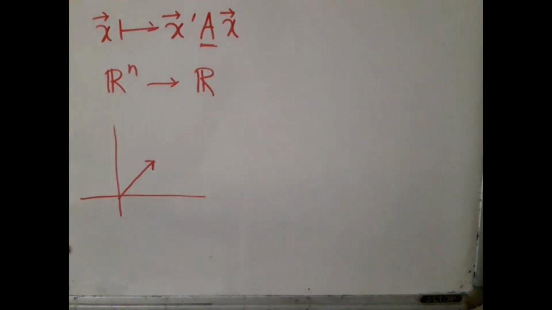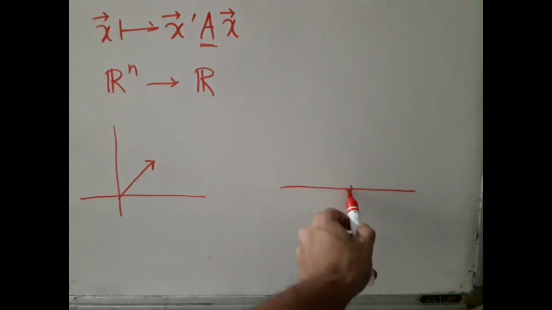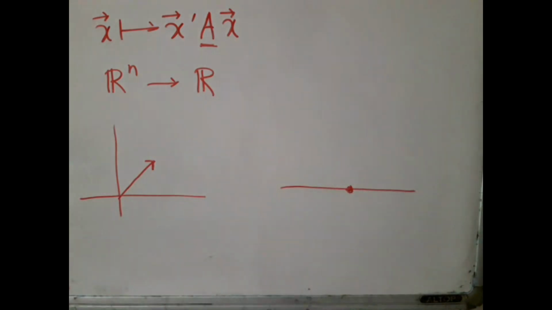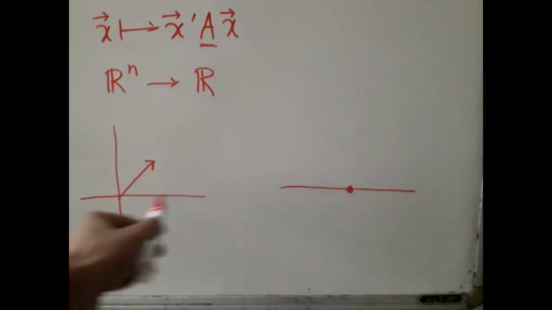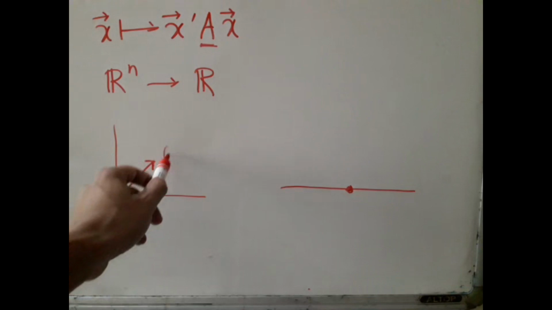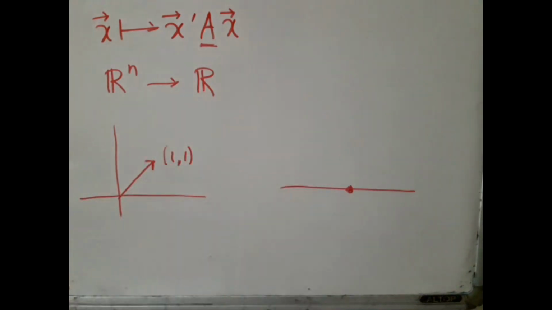For example, suppose we are working in R2, then here is a vector. Then this vector is going to be mapped to a certain number in R. So this vector will be mapped to something in R. Now how do I express this vector? I express this vector as a pair of numbers depending on the coordinate system I choose. Suppose in this case this vector happens to be 1, 1, then 1, 1 is mapped to this.